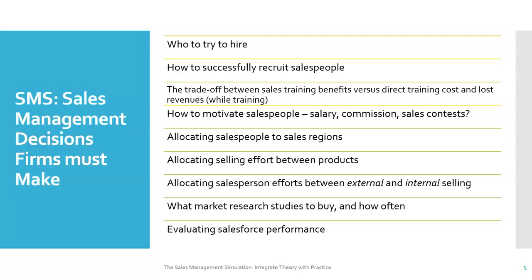So what are the decisions that you're going to have to make? So at first you might be like, wow, this is an exhaustive list. It is, because a sales manager's job is multidimensional. In a term I've always hated, you wear multiple hats.